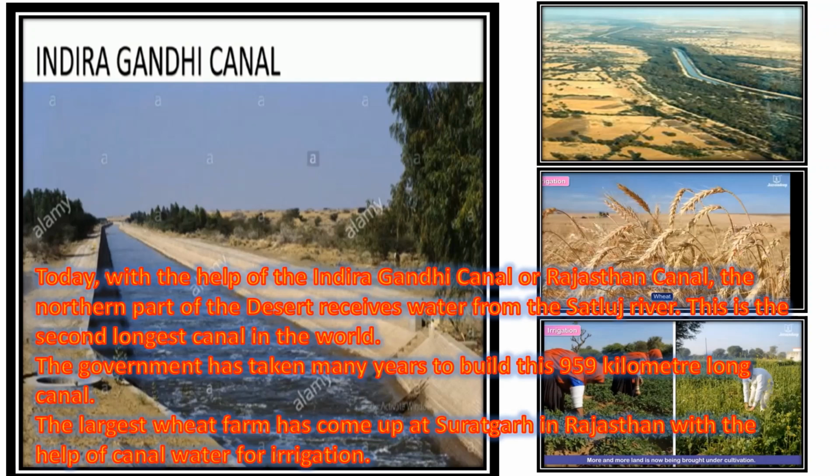It irrigates a large part of the desert. The government took many years to build this 959 kilometer long canal. The largest wheat farm has come up at Suratgarh in Rajasthan with the help of canal water for irrigation.